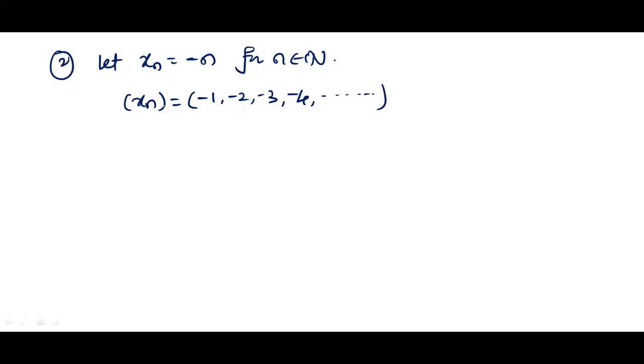You can see that each term of the sequence is less than or equal to 0, or you can say less or equal to minus 1. Means we have a real number 0 such that each term of the sequence is less or equal to 0.